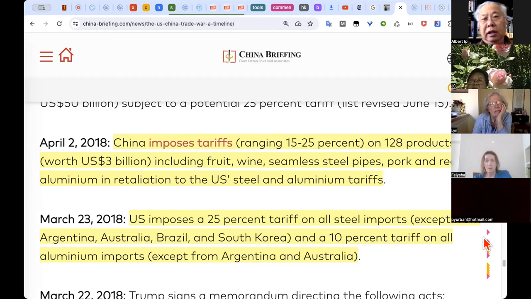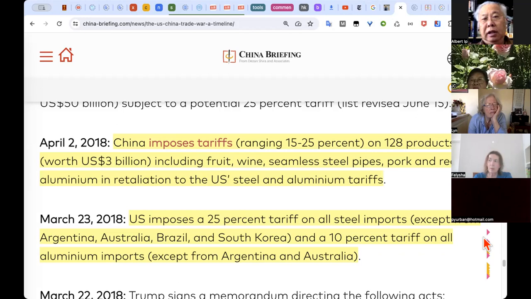Now, here's a very interesting difference between the goods which are being targeted. The U.S. targeted manufactured goods, whereas China targeted agricultural products. Here we have fruit, wine, seamless steel pipes, which is just a standout alone, and then pork, recycled aluminum, etc. China is hitting the farmers in the United States, who are the supporters of Republicans.